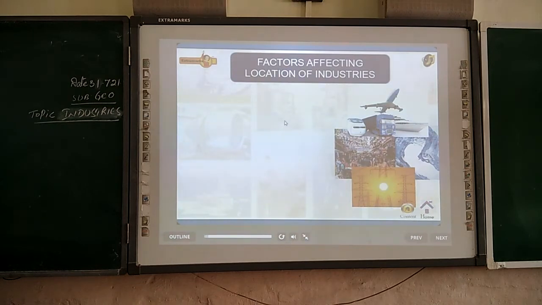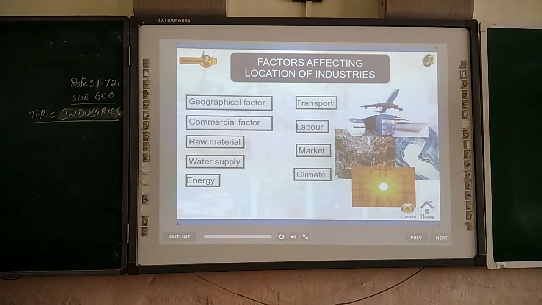Let us have a look at the factors affecting the location of industries. Factors affecting location of industries are geographical factor, commercial factor, raw material, water supply, energy, transportation, labor, market, and climate.